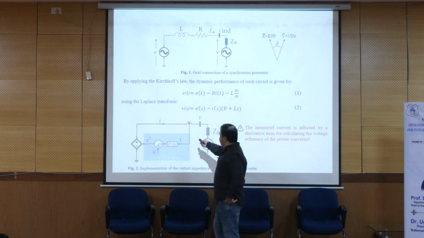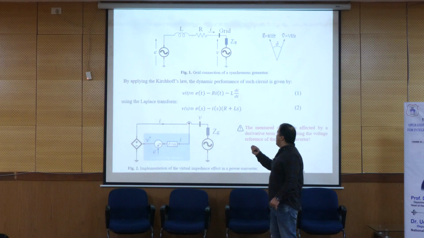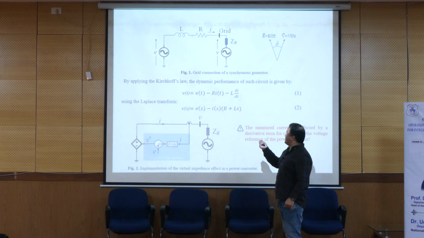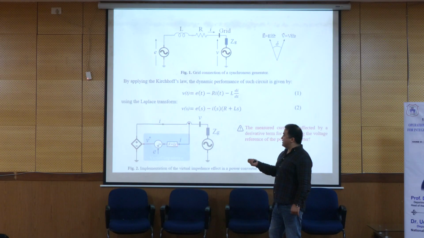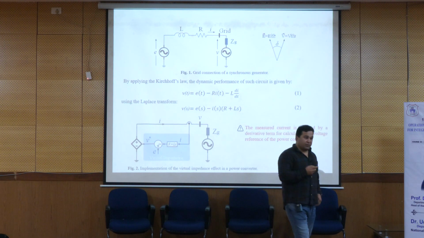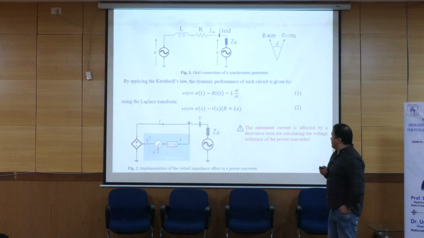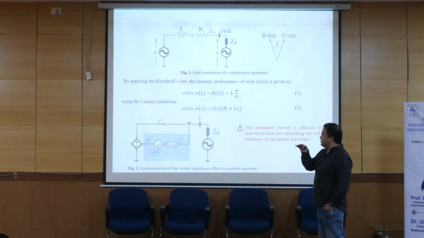So the current is coming through R plus Ls, and we have E from the synchronous generator, and E minus (R plus Ls) times I is equal to V. So by this, we see that we can model the operation of the system by mathematical equation.